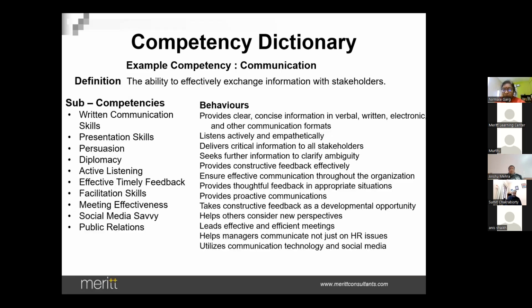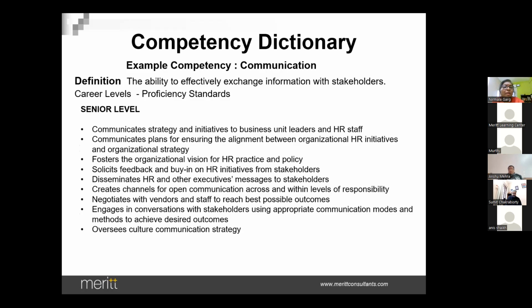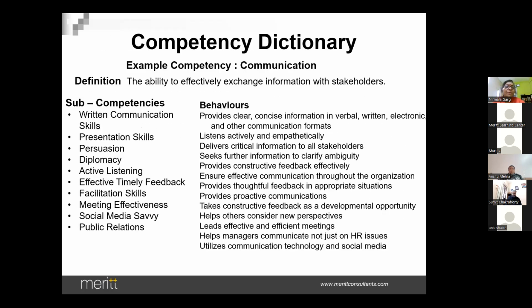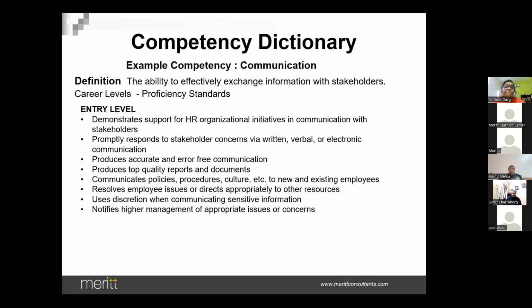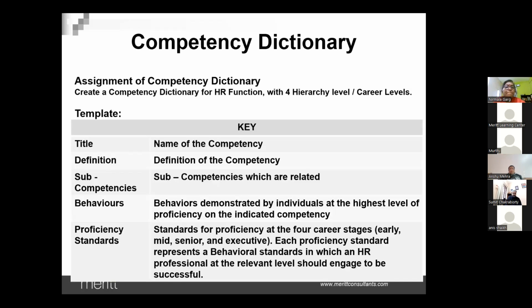Now, the 4 levels of hierarchy will be entry level. Let me just give you that hierarchy level also. Entry level. So the 4 levels will be entry level, mid level, senior level, and top level.